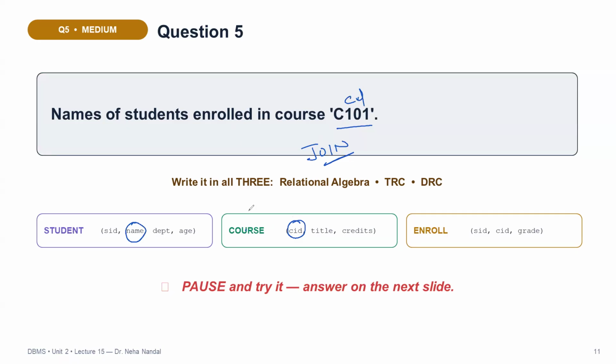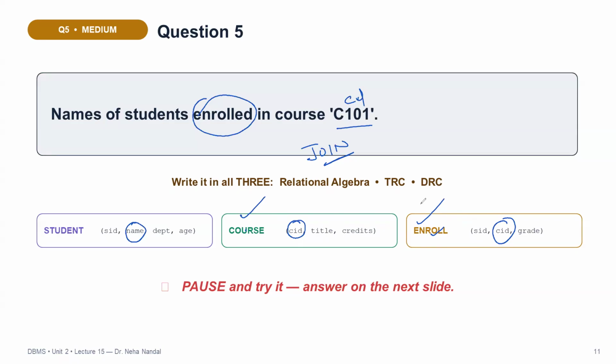Another thing, it has given one more keyword, enrolled. So will you take this table or this table? You will take the enroll table because it contains both things, SID and CID. So you can match which SID belongs to which CID. That will come from enroll.